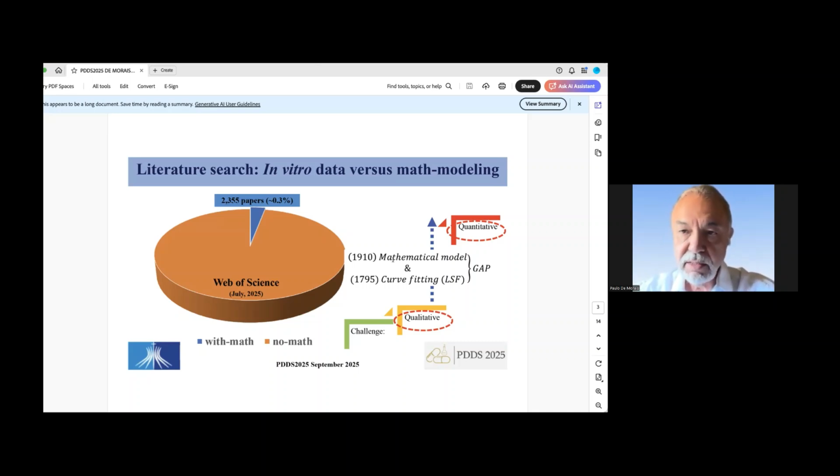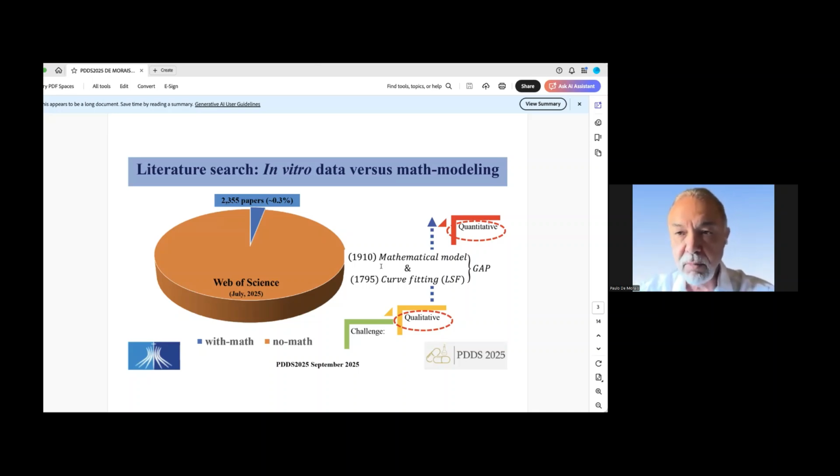First, the mathematical model itself. Second, a way to analyze the data using the mathematical model. So actually, these two pieces are around for over 100 years.